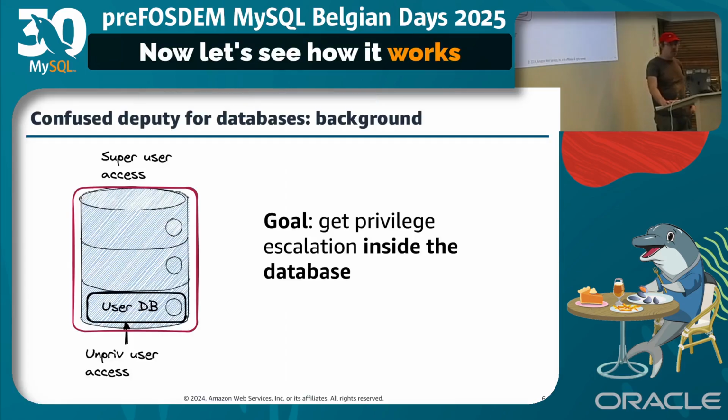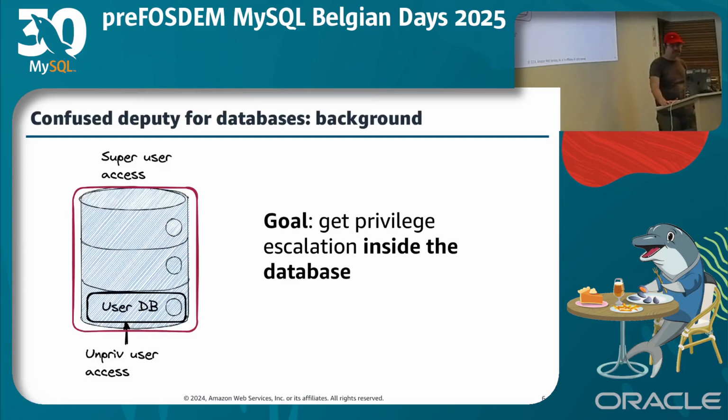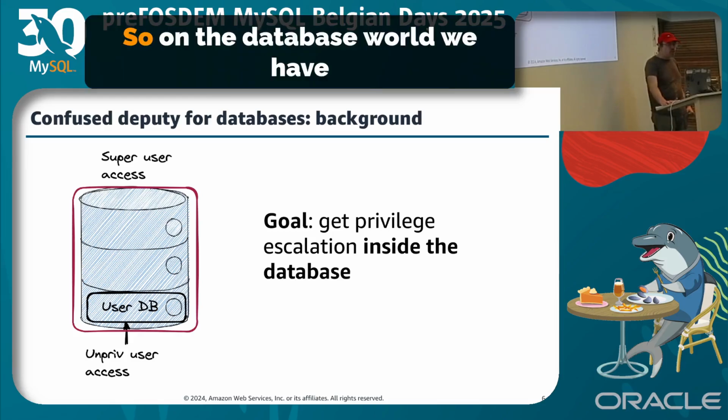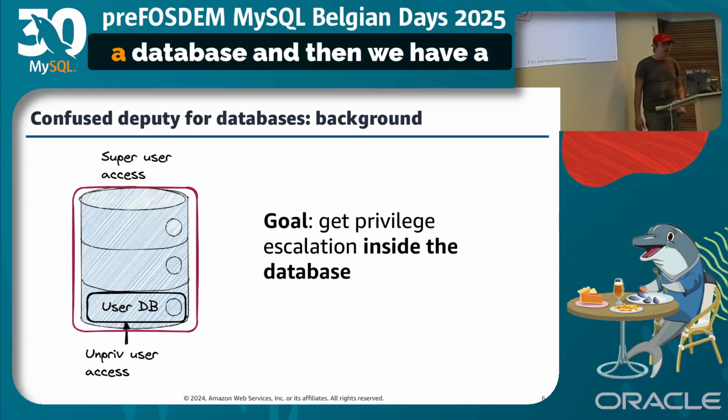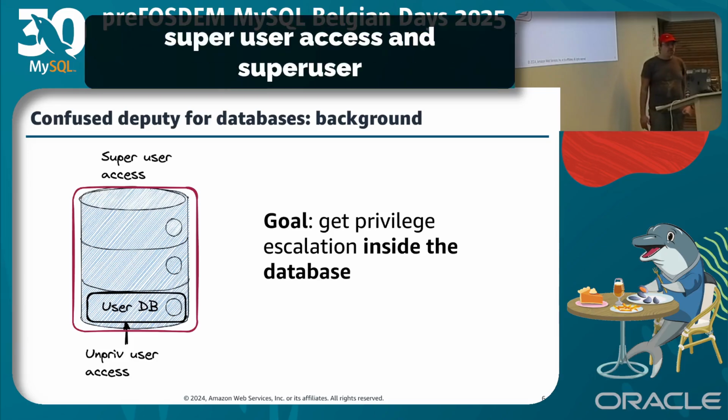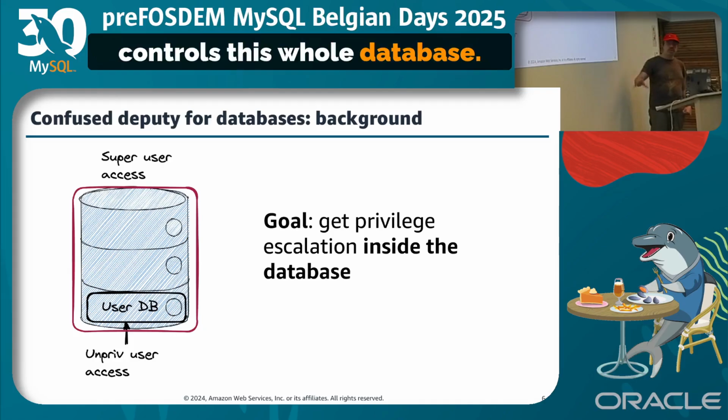Now let's see how it works for the database. On the database side, we have a database, and then we have a superuser access, and the superuser controls this whole database.